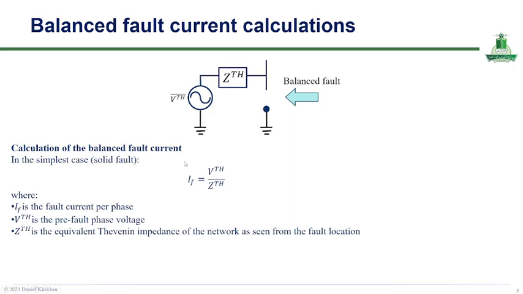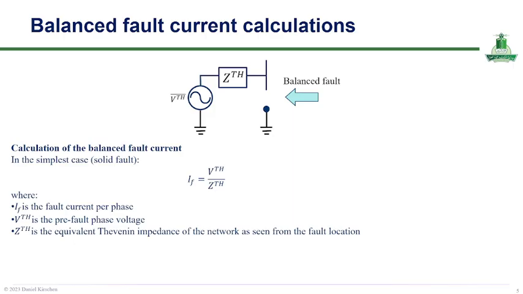So we have this equation: I_F is equal to V Thevenin divided by Z Thevenin. Here, I_F represents the fault current in each phase, V Thevenin is the pre-fault phase voltage at the fault location, and Z Thevenin is the equivalent Thevenin impedance of the network up to that point.